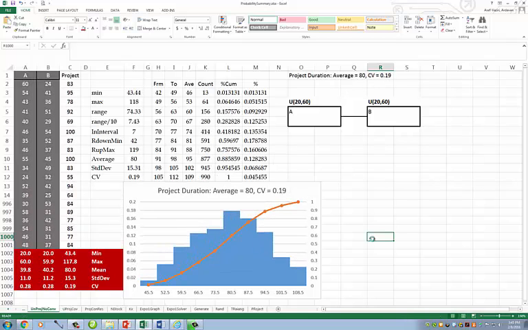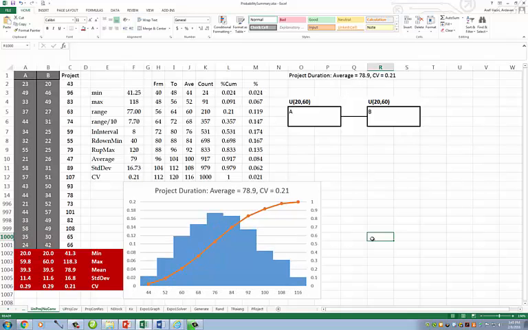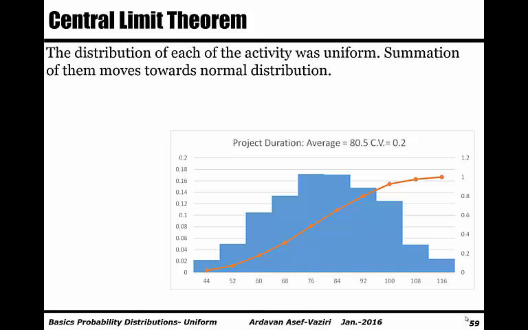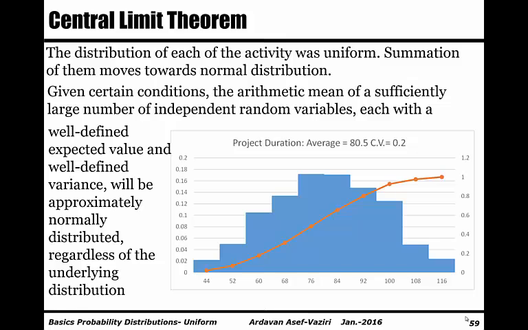That is one interesting managerial observation. And that is what we refer to as the central limit theorem. When we add several random variables or average several random variables, the distribution gets closer to normal distribution. Why? Because ups and downs compensate for each other.